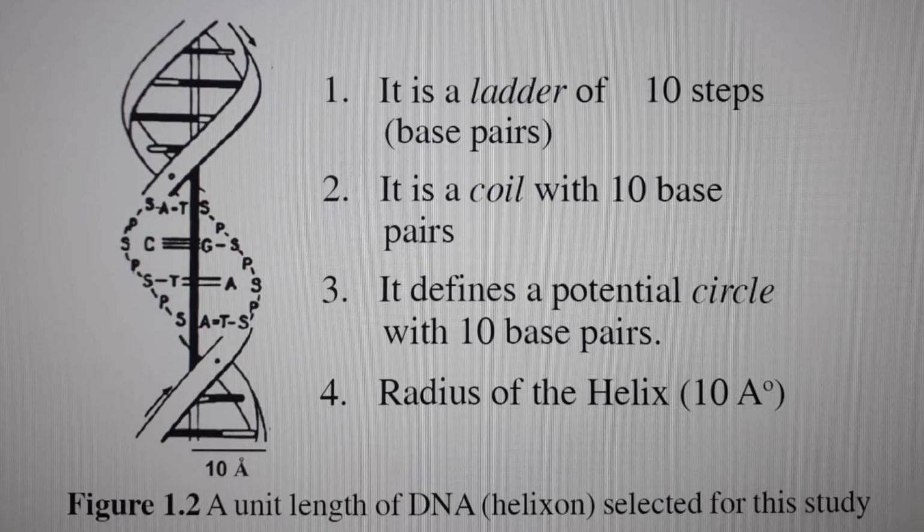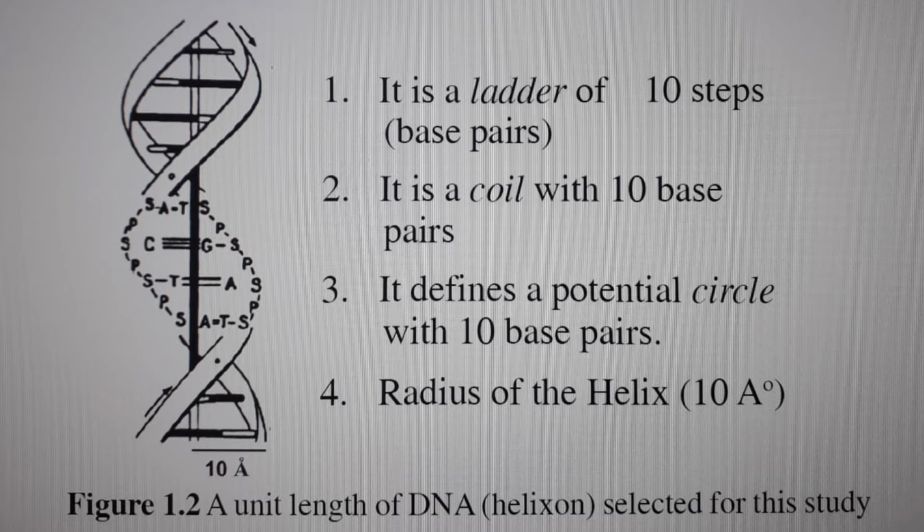This is done through the introduction of a figure, figure 1-2, a unit length of DNA as given on page 5 of my book Cosmic Code of Life, reproduced here. Examination of this figure reveals that it presents only one turn of the helix stretched out.